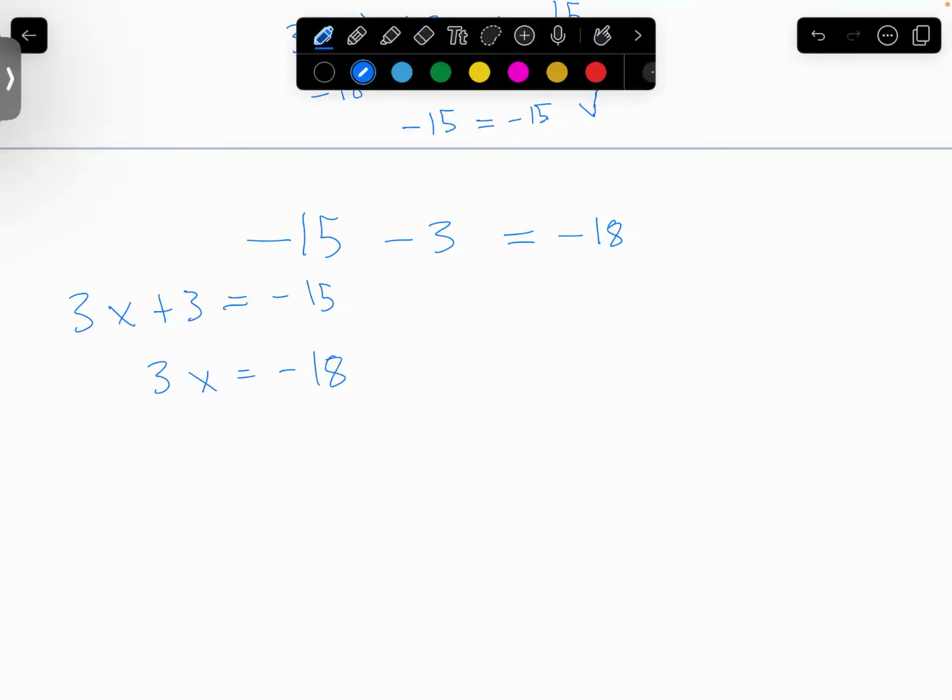So if we have a negative number and we divide it by 3, we can think of this as just 18 divided by 3 and then add the negative sign. So we bring the sign down and do 18 divided by 3. And this is 6. So we just do each one individually and we get x is equal to -6.